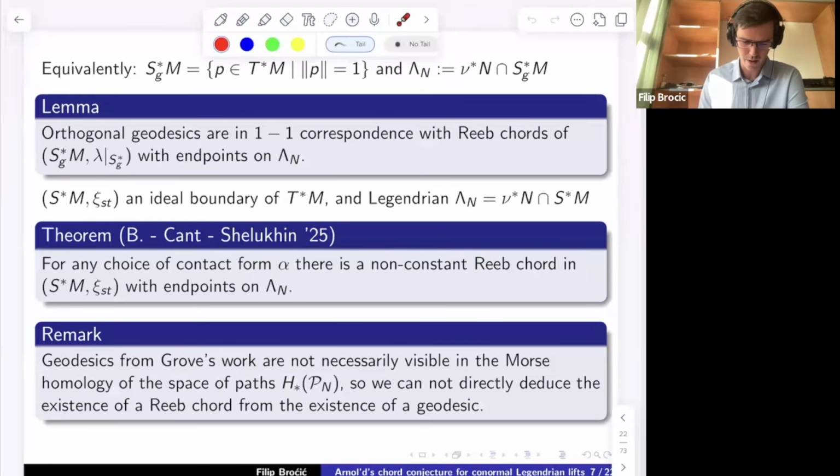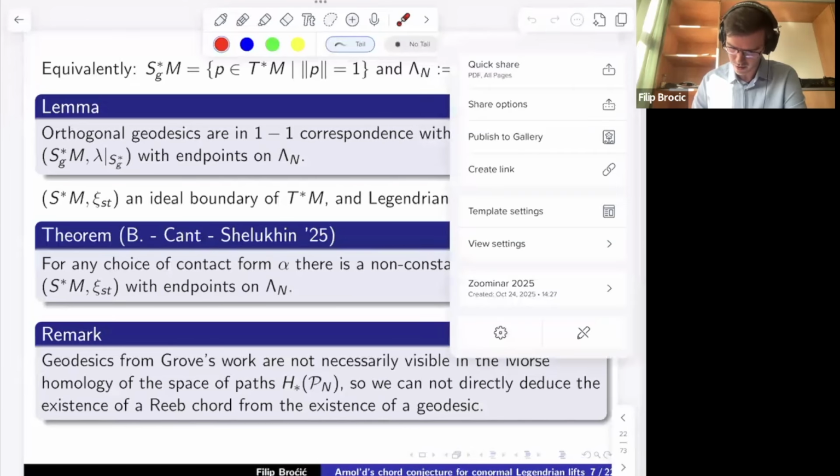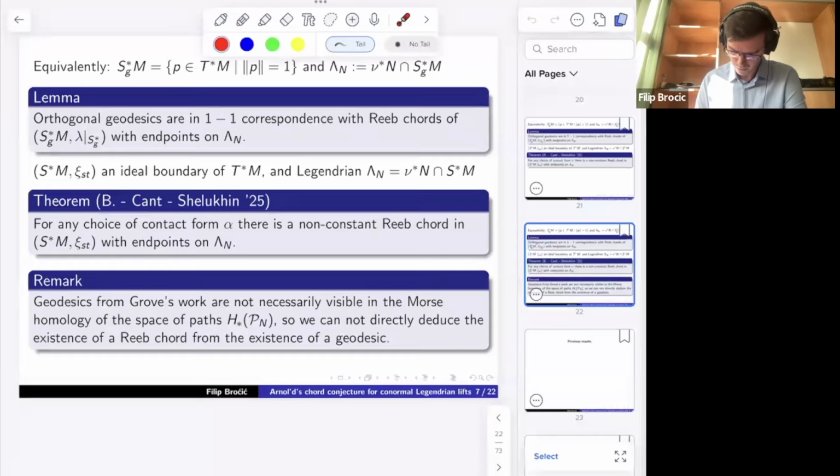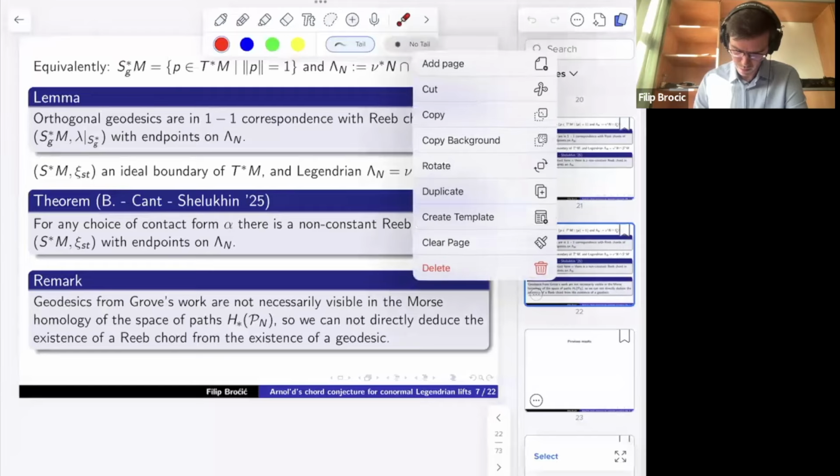And let me just give one example, if I can add a page.